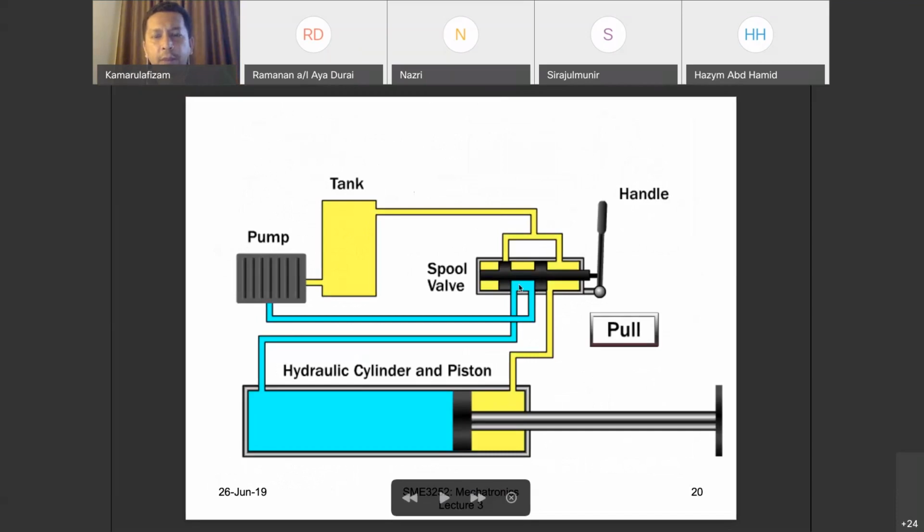Valve ni yang akan buka tutup ataupun bagi dia punya direction of flow to the cylinder, and macam mana benda ni fluid yang biru dengan fluid ni is basically intake and discharge, but they are both minyak lah sebenarnya. Alright, so kalau kita pull kita punya handle ni, so minyak punya direction akan bertukar. This is spool valve.